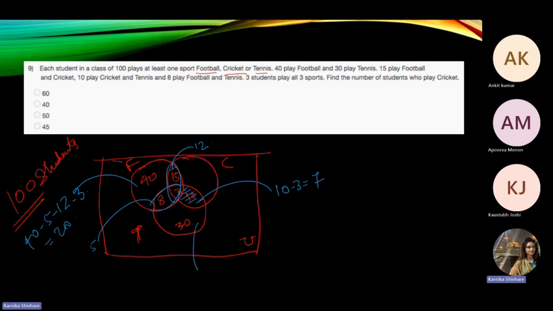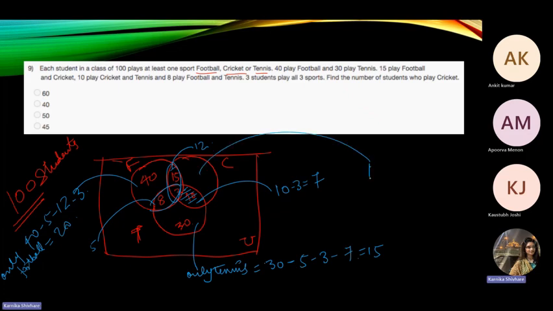This one is who play only tennis. Only tennis is equal to 30 minus 8 minus 3 minus 10. Oh sorry, the minus 7, and this is 5, not 8. So this is equal to 15.